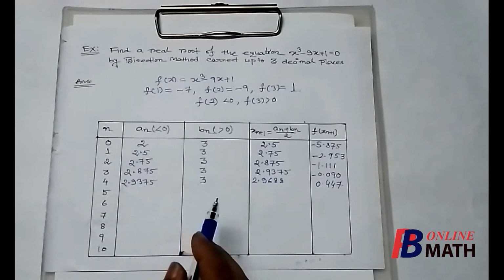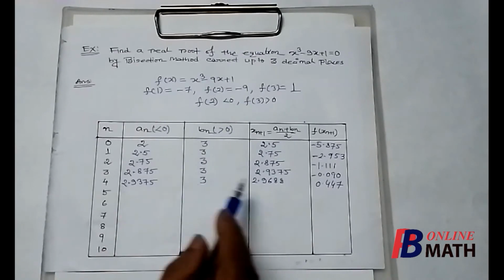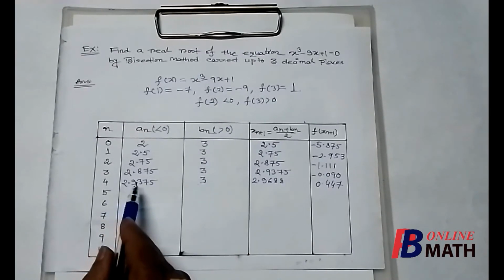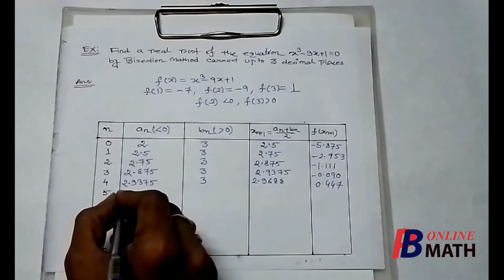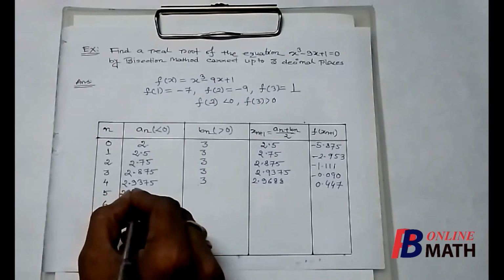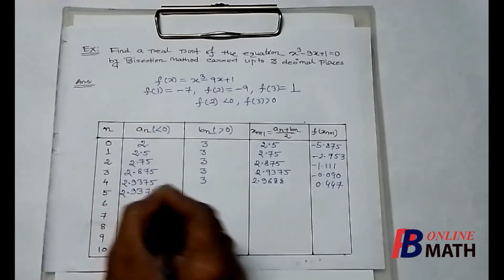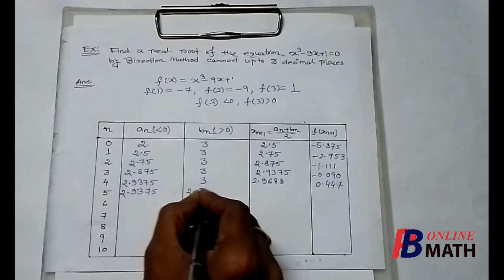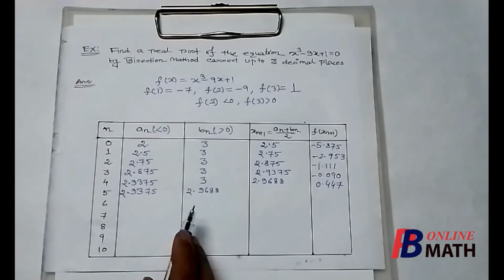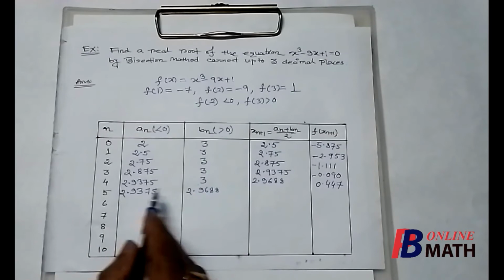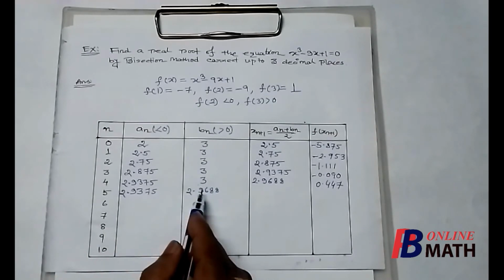So in the next step we shall use the interval 2.9375 to 2.9688. So this will be our next interval, since f(an) and f(bn) have different sign in this case.